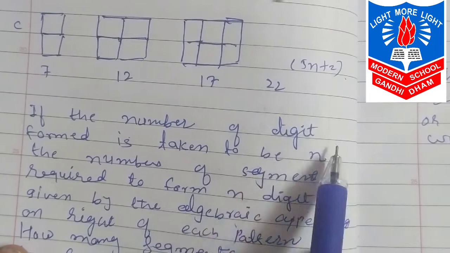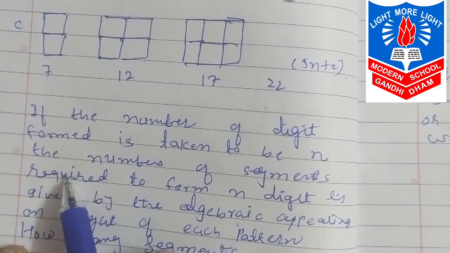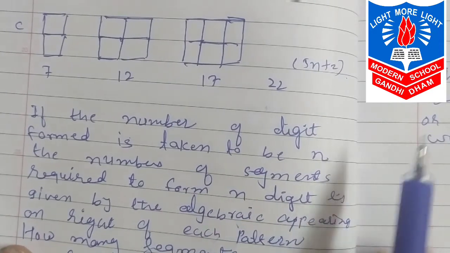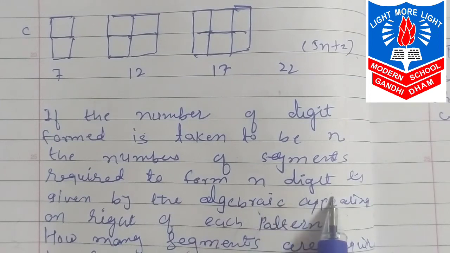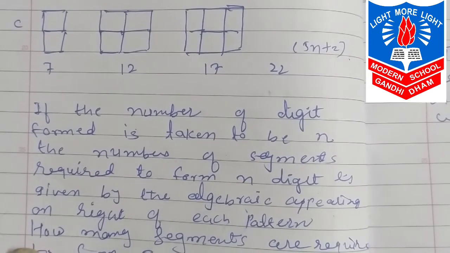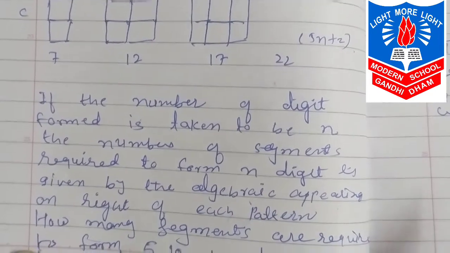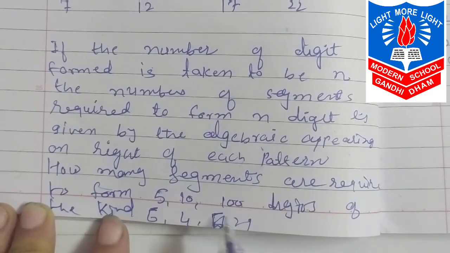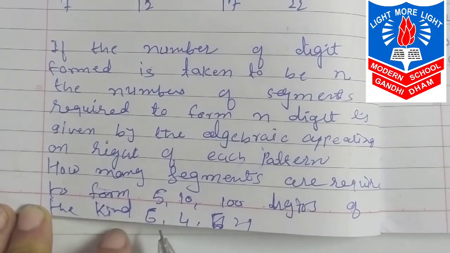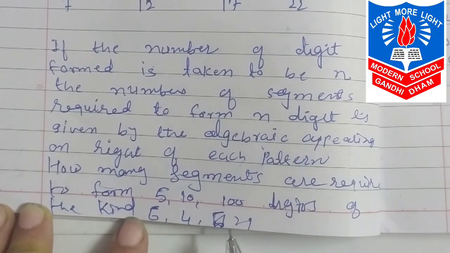If the number of digits formed is taken to be n, the number of segments required to form n digits is given by the algebraic expression on the right of each pattern. How many segments are required to form 5, 10 and 100 digits of the kind of 6, 4 and 8?